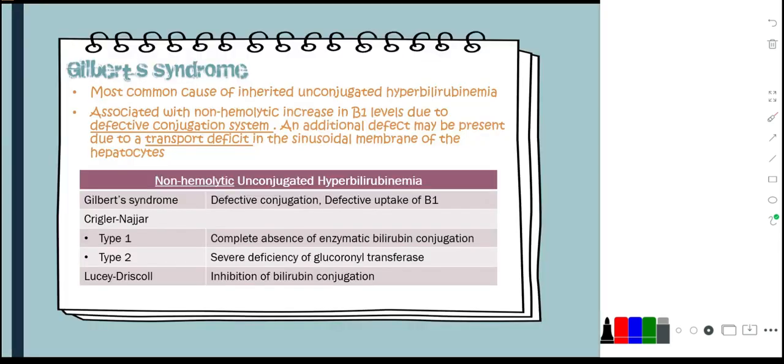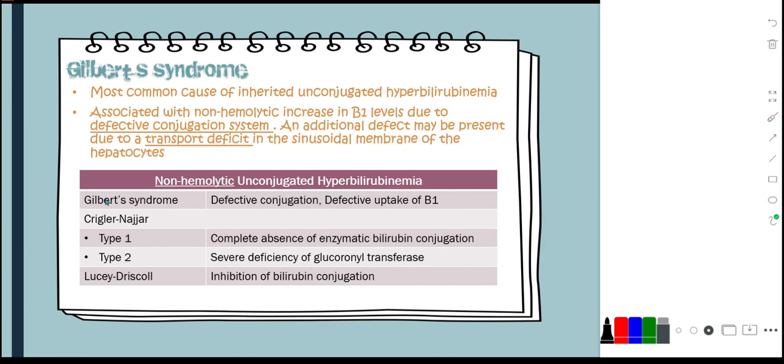In Gilbert syndrome, remember that this is the most common cause of inherited unconjugated hyperbilirubinemia, but this is associated with a non-hemolytic increase in B1 levels, which differentiates it from the causes of prehepatic jaundice. So, the problem again is either due to a defective conjugation system or a transport deficit in the sinusoidal membrane of the hepatocytes.